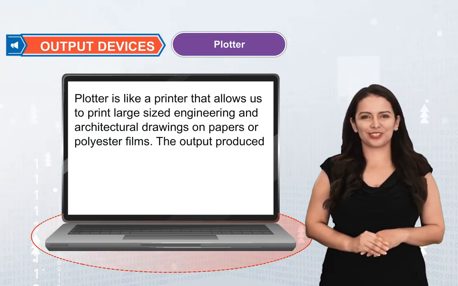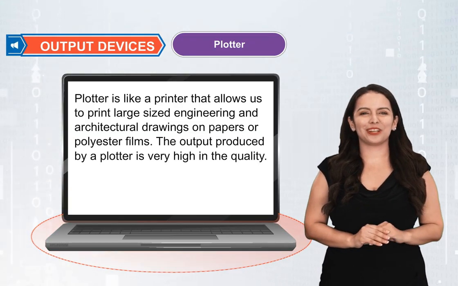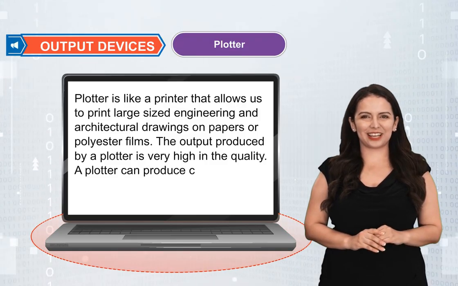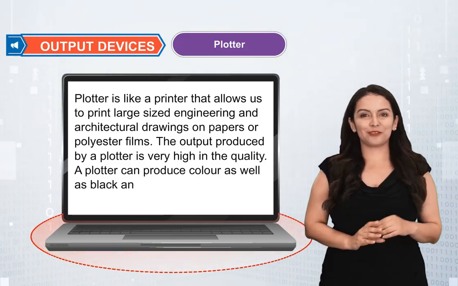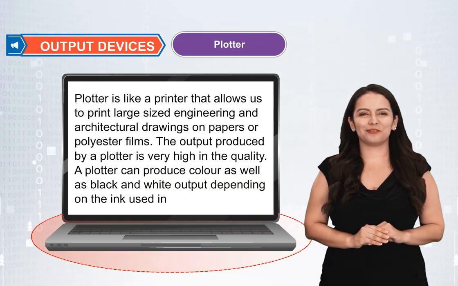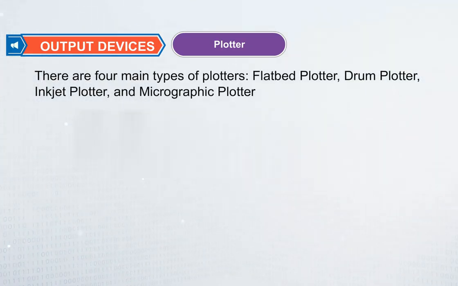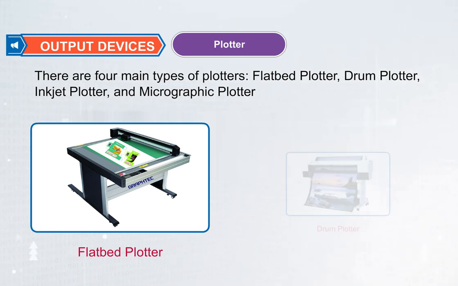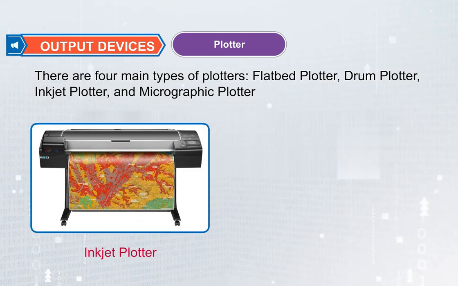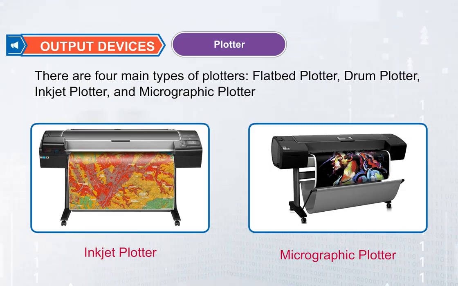The output produced by a plotter is very high in quality. A plotter can produce color as well as black and white output depending on the ink used in it. There are four main types of plotters: flatbed plotter, drum plotter, inkjet plotter, and micrographic plotter.